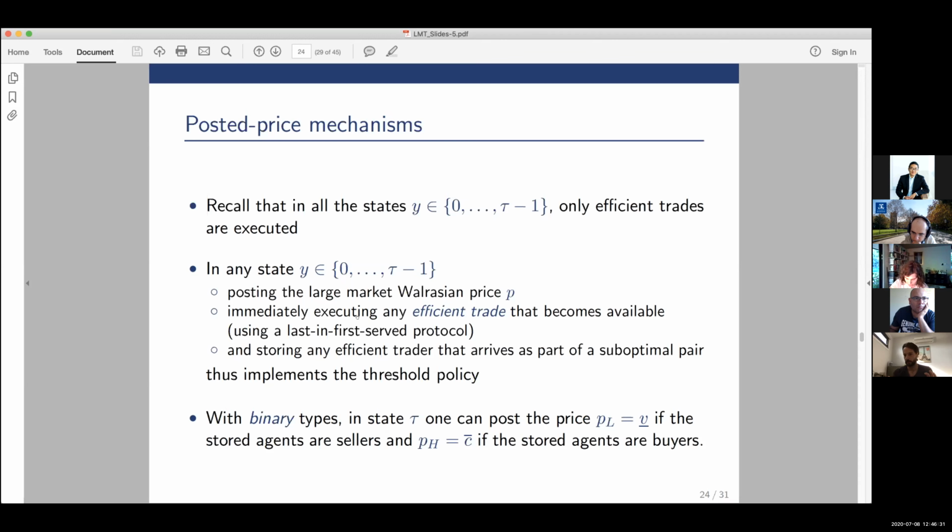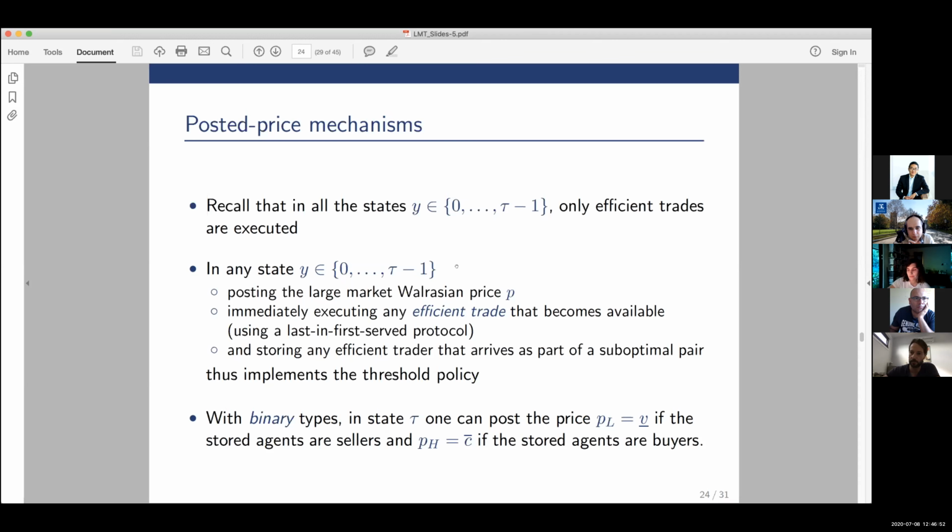Here, now with posted prices, the queuing protocol is going to matter. So we're going to focus on the last in, first serve queuing protocol, so as to avoid incentives to get stored in order to potentially trade at a better price in the future.